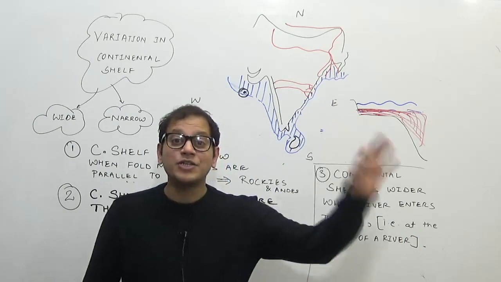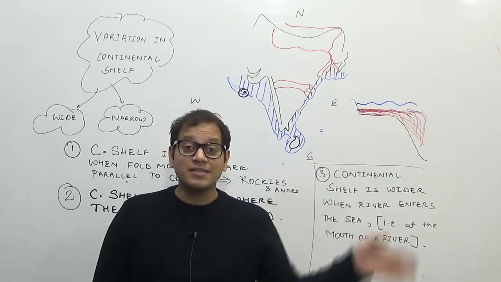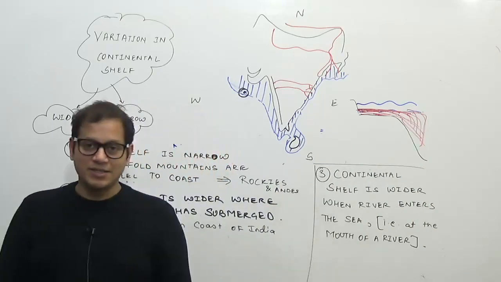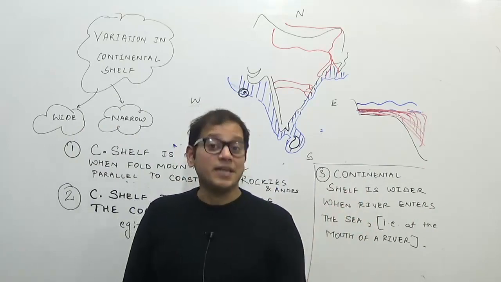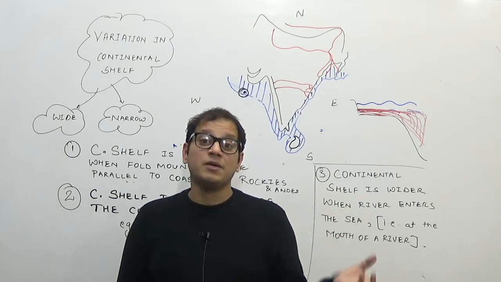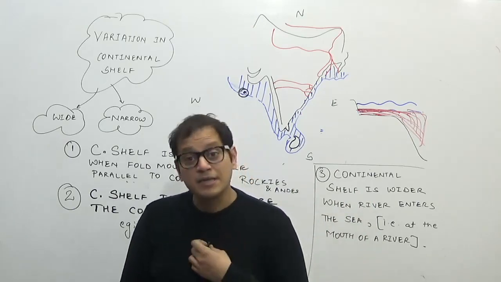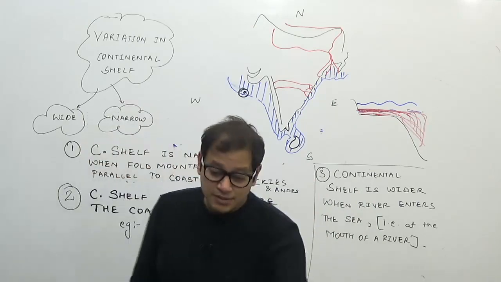Example is the Krishna Godavari delta region, because what is the mouth of a river when it enters the sea? Known as a delta. So the Krishna Godavari delta region, and the Ganga Brahmaputra delta region. In fact, the Ganga Brahmaputra delta is the largest delta in the world, because this delta is formed by two larger rivers combined. It is a combined delta of the Ganga river and the Brahmaputra river system.